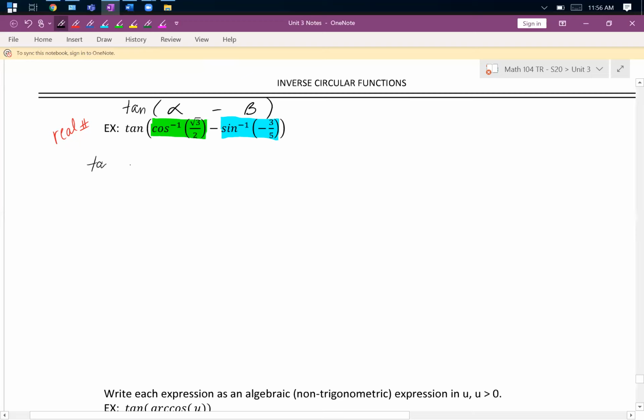On your formula sheet, tangent of alpha minus beta is equal to tangent of alpha minus tangent of beta over 1 plus tangent of alpha times tangent of beta.